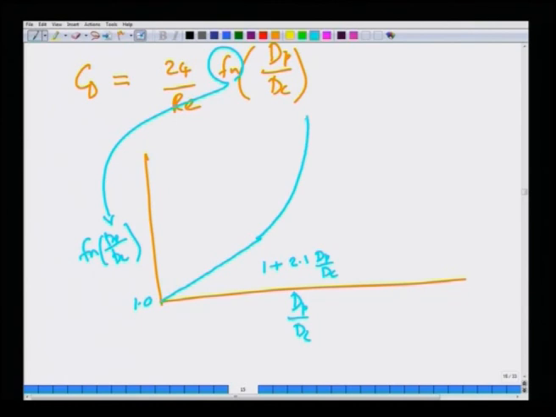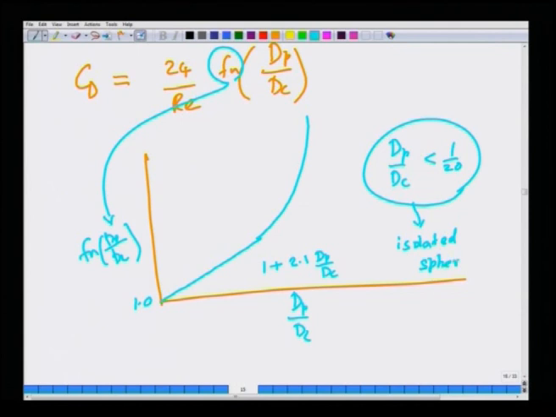Okay. So, the confining walls tend to increase the drag, because there is additional dissipation in the problem compared to when you have no confining walls. So, typically when dP by dC is less than 1 over 20, then the isolated sphere result is pretty good.